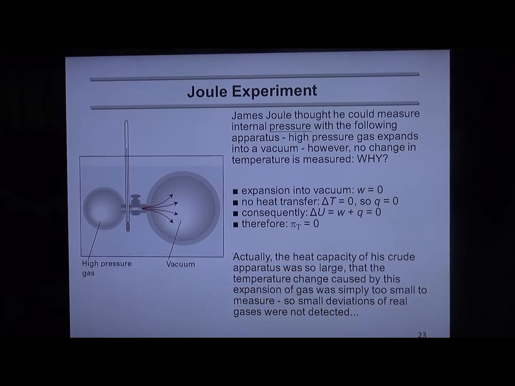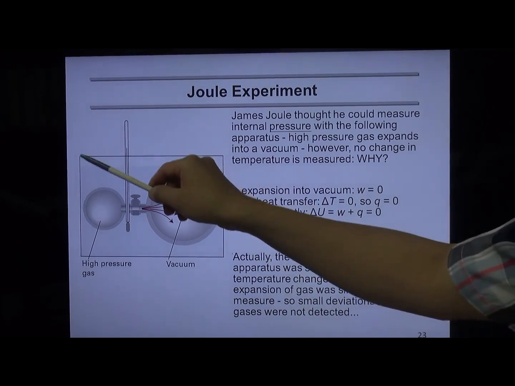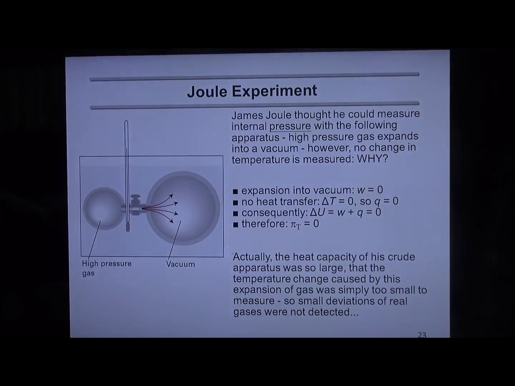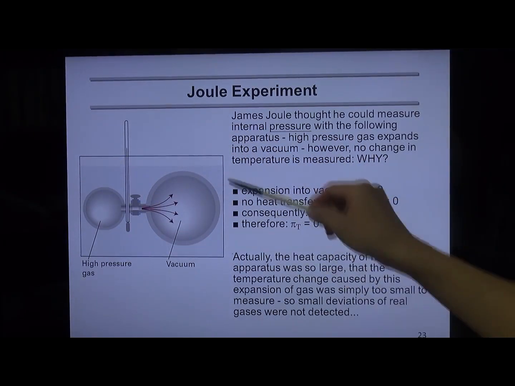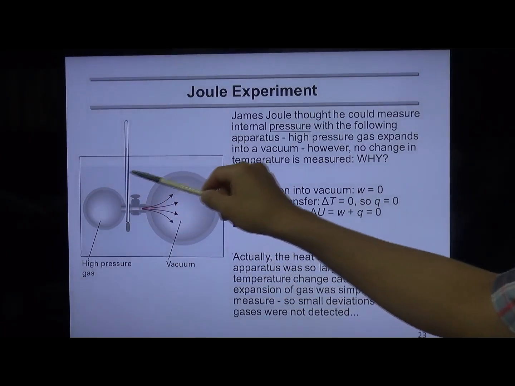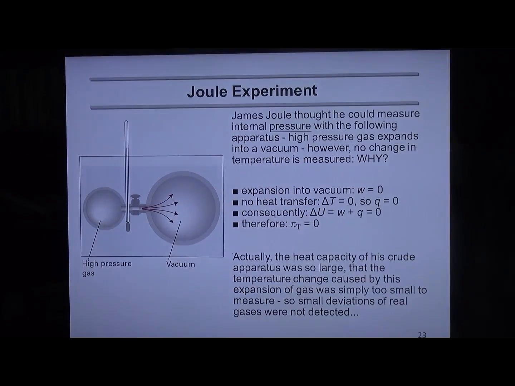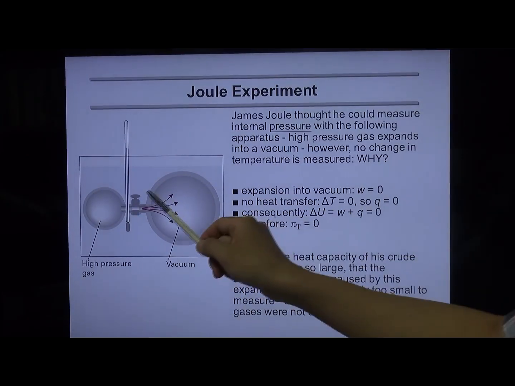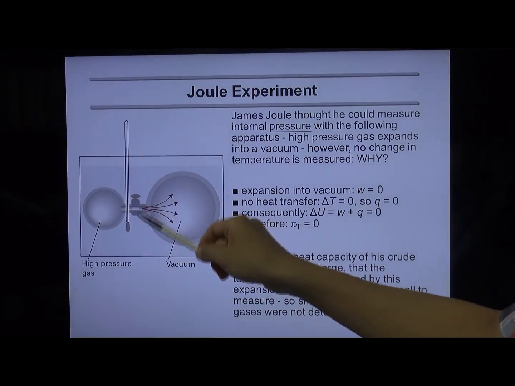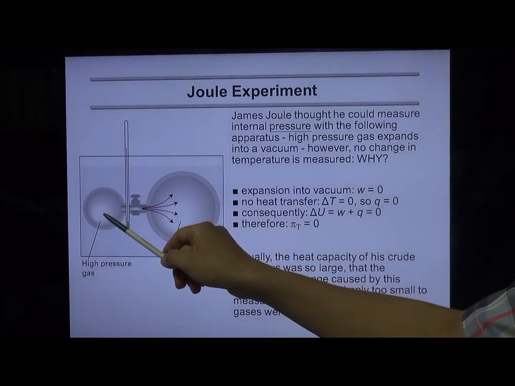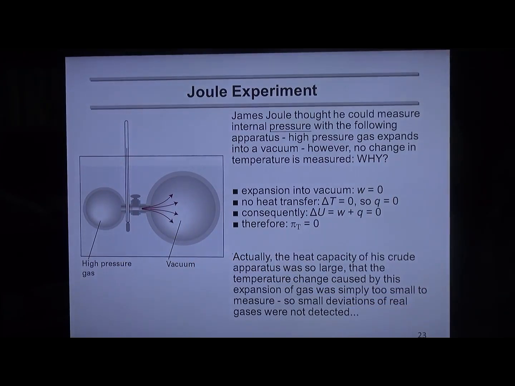The experiment is actually really simple. There is a box. The box is insulated thermally from outside. And inside of that there is water. And inside of the water there are two vessels connected to each other. First, it is closed between these two vessels. At one side there is high pressure gas. On the other side there is a vacuum.